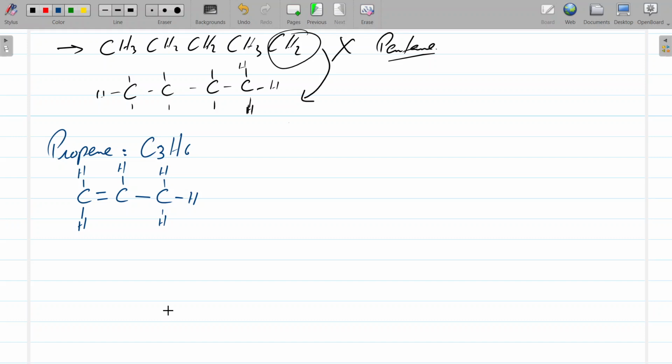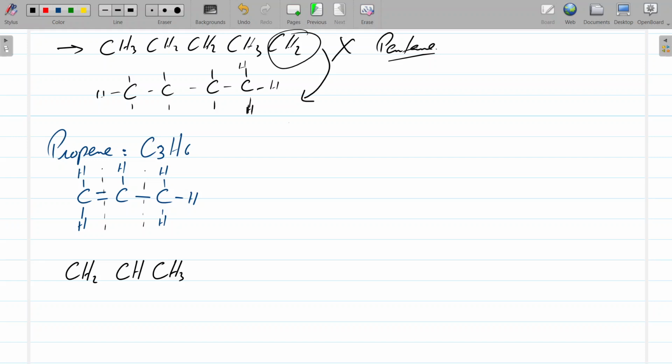Now, what is the structural formula going to look like for this one? Can you tell me? CH2, CH, CH3.